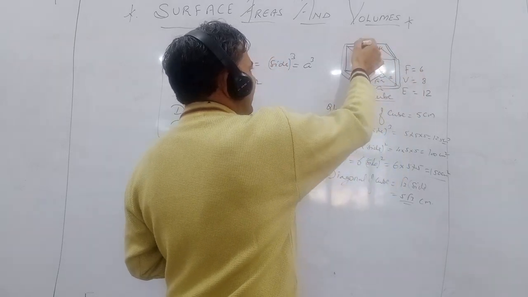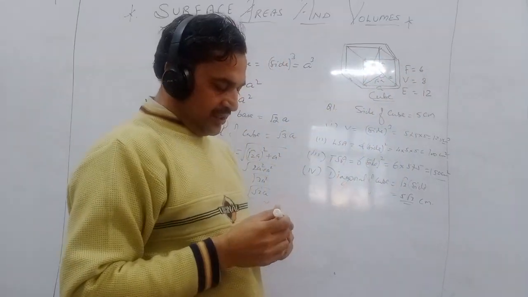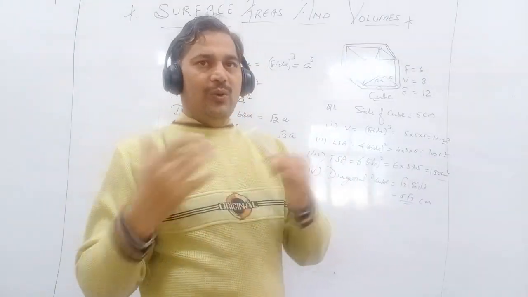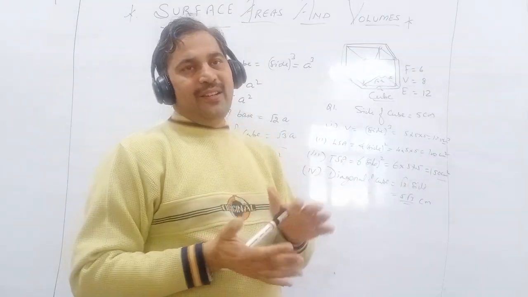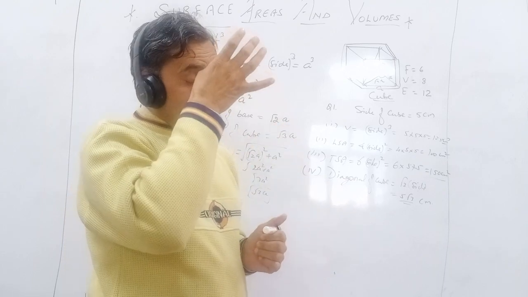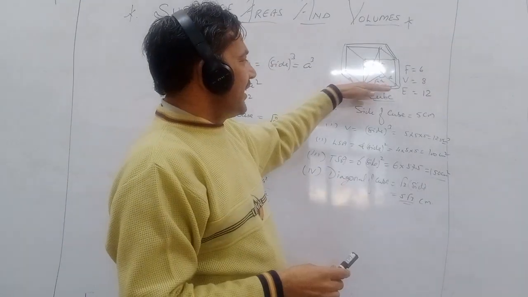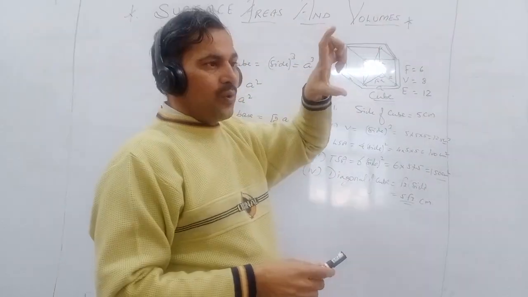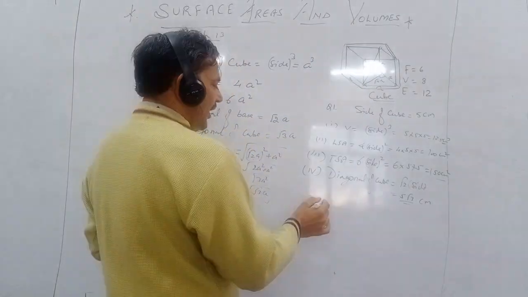Okay. So now you will see what is the height, inner height or outer height, what is the difference? The difference is the thickness. If 2 centimeter is the thickness, so 2 plus 2, 4.